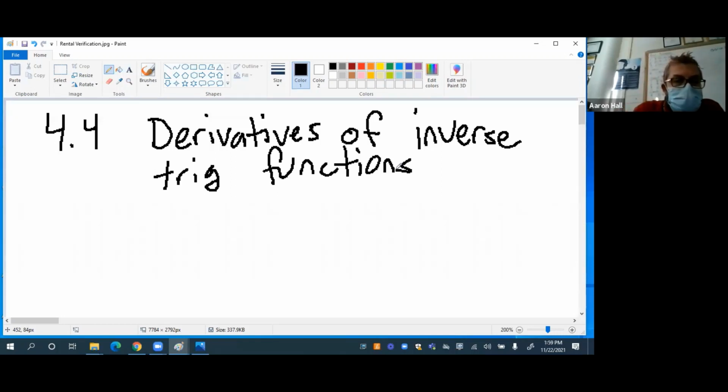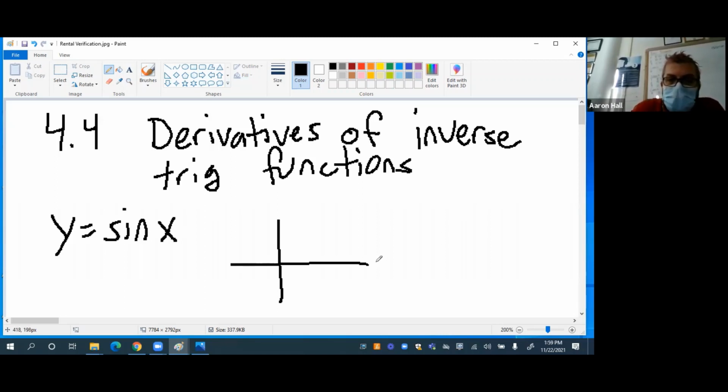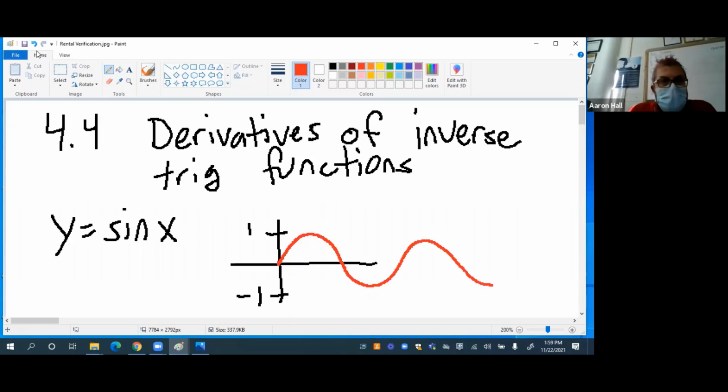All right, so if I had something like y equals sine of x, this is a periodic function and it is going to oscillate back and forth between -1 and 1. It'll start at the origin here and then just start oscillating back and forth.